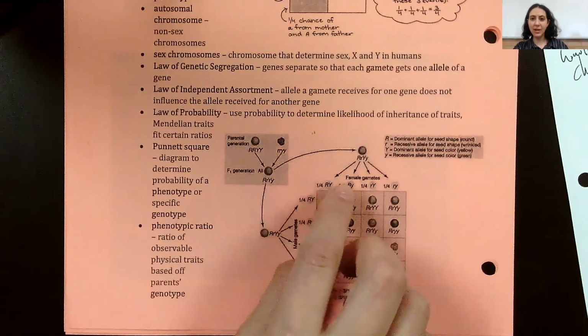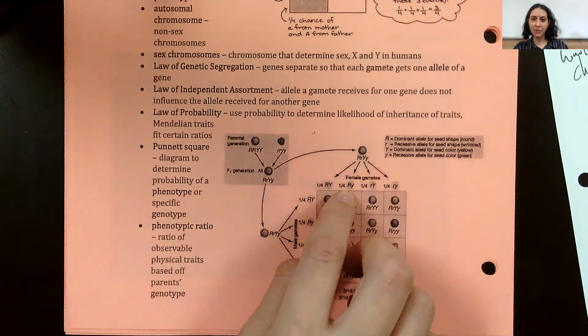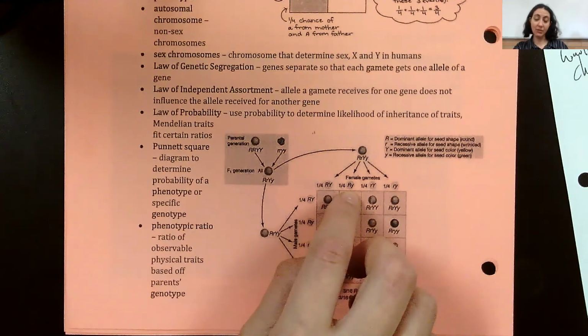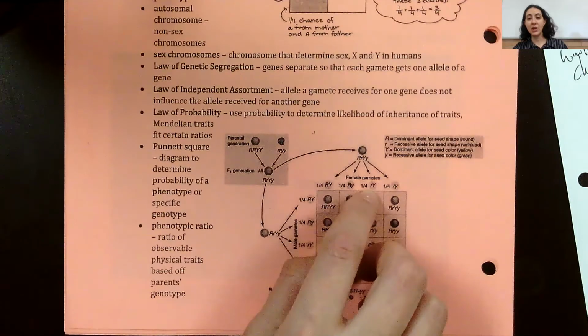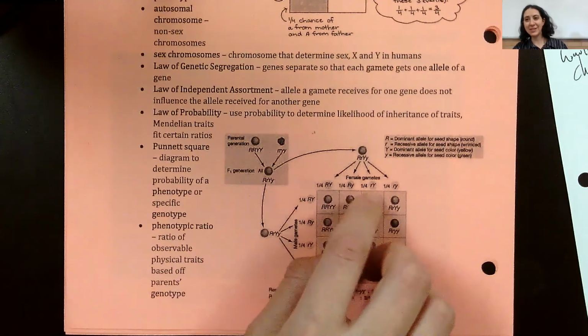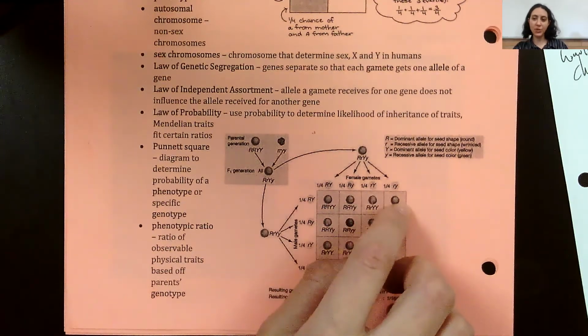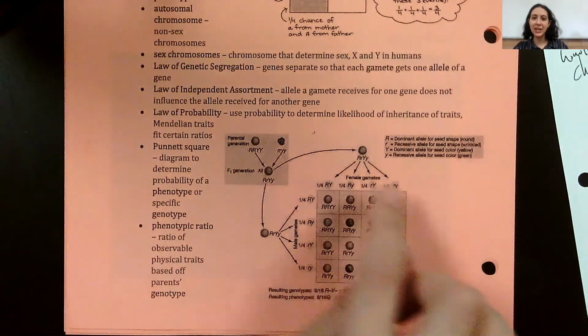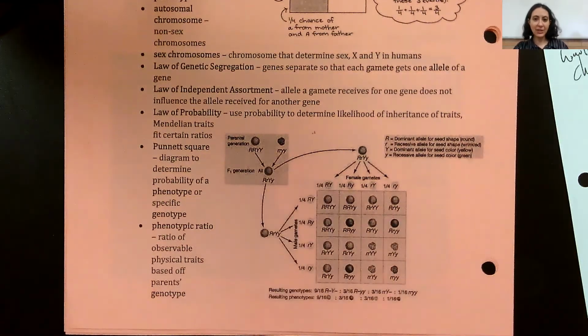Both traits being dominant, the shape being dominant but the color being recessive, the shape recessive and the color dominant, or both shape and color being the recessive version of the gene. And you can create this chart, which gives you an idea of all the possible combinations.